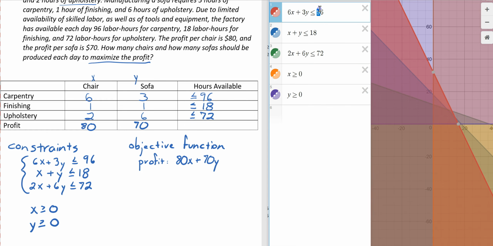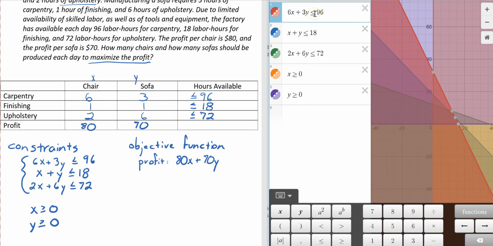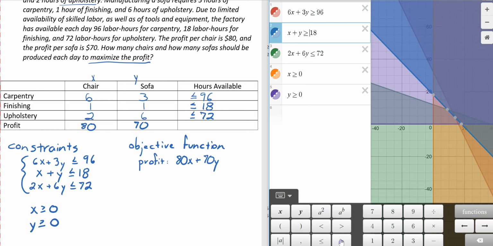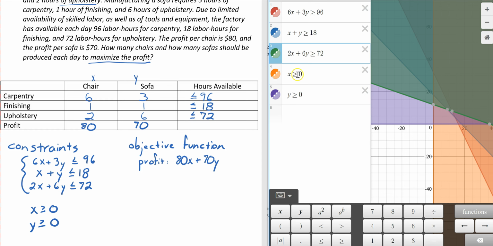So I go back up to my inequality and change it from a less than or equal to a greater than or equal to, and similarly with the next one. Instead of shading the true solutions, I am shading the false solutions.